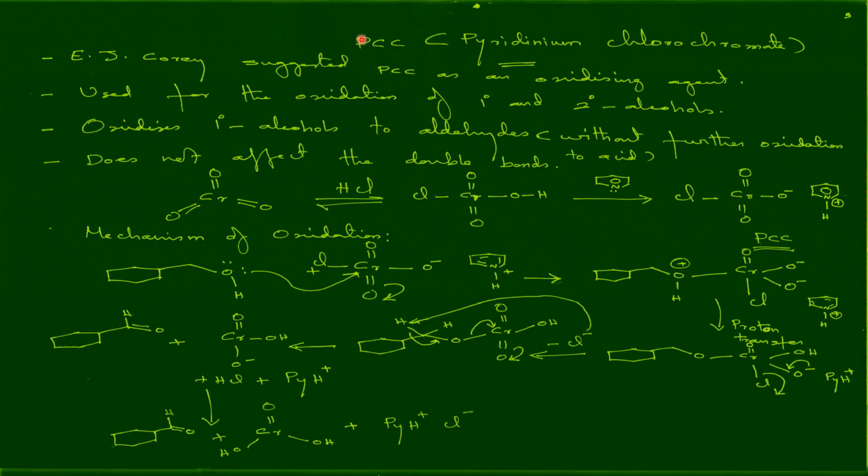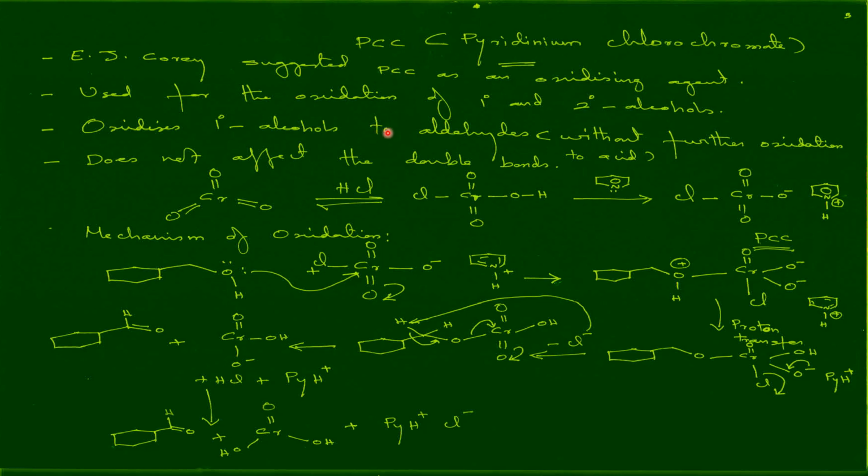The advantage of using PCC is it oxidizes primary alcohols only to aldehydes. The aldehydes are not further oxidized to carboxylic acids. This pyridinium chlorochromate reacts only with the alcoholic OH and it does not affect the other double bonds present in the molecule.